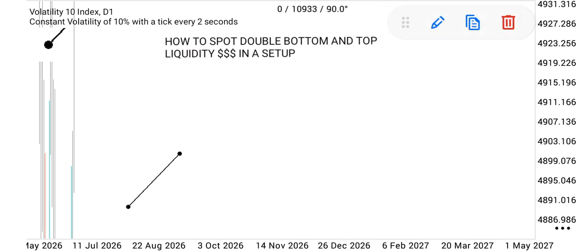and double top liquidity. For instance, the double bottom liquidity, you always see it in an uptrend. Understand?